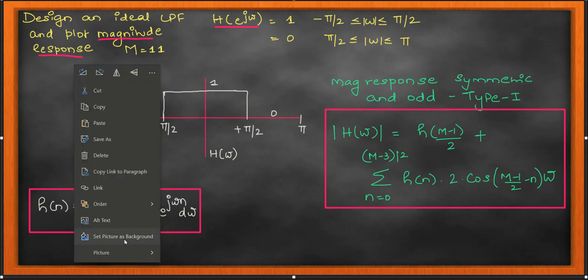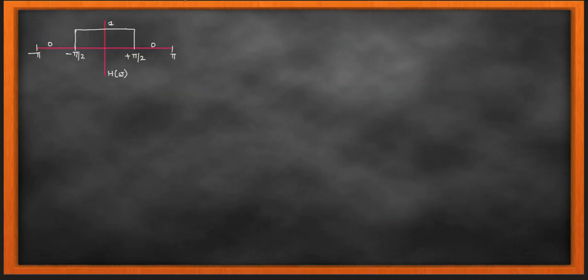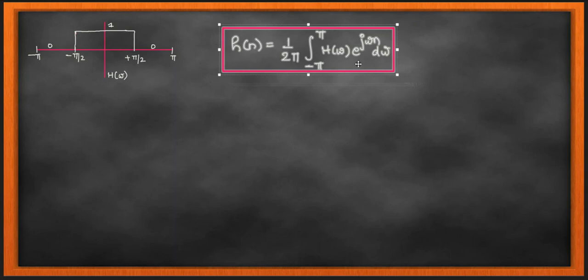I don't want to go into the Fourier series right now. These are the two equations we will need for solving such problems. Solution 1 will use the integral equation, and solution 2 will use the magnitude response equation. Alright, let us do the integration first.